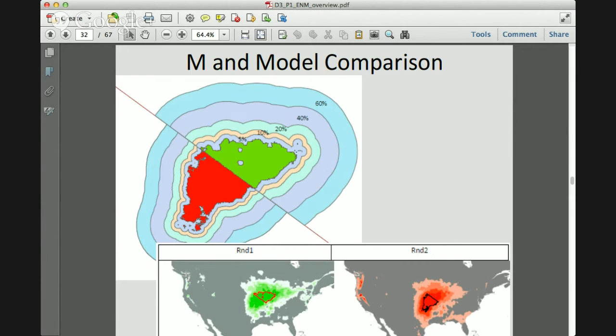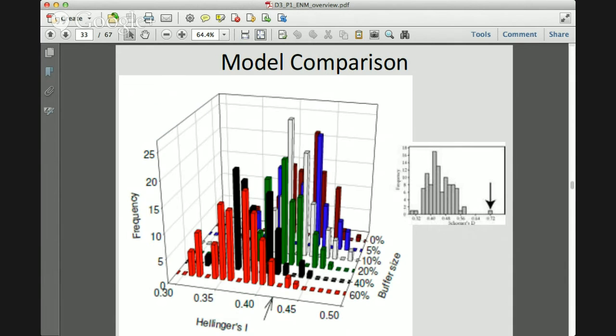And indeed, if we're comparing models, I'm not going to go into detail on this, but if we compare the red area and the green area, both of which are manifestations of the same niche, just over different geographic areas, here the critical value is shown with an arrow. And what I want you to see is that at 0% buffer, we can't establish these species as being significantly similar.